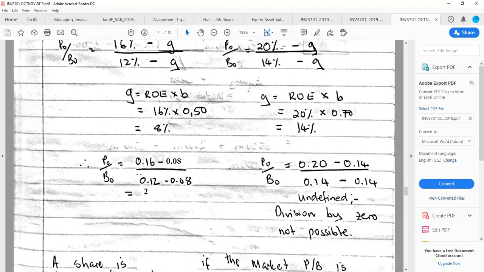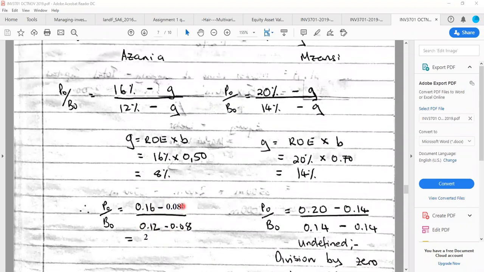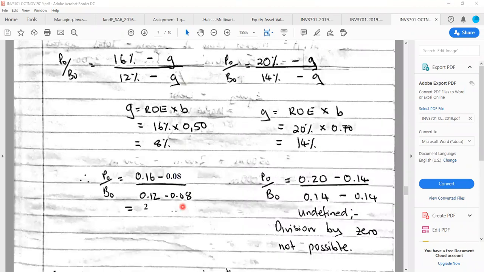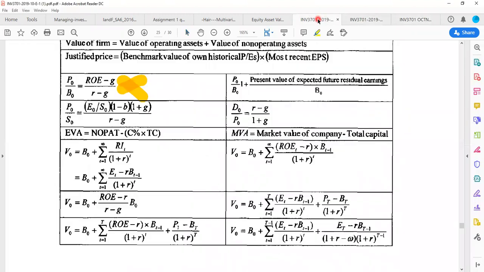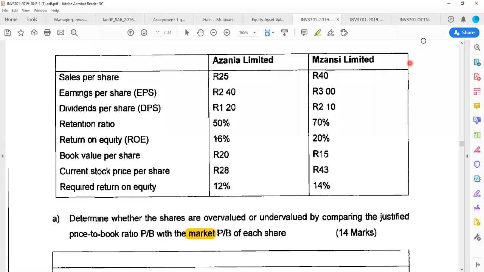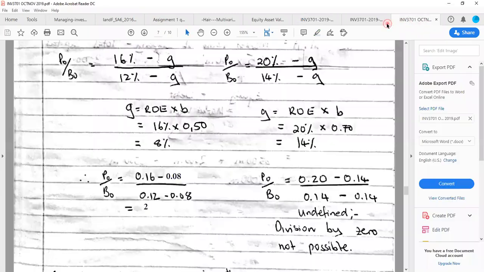Okay, so we say 0.16 minus 0.08 over 0.12 minus 0.08. Remember, 0.12 is the required return, 0.16 is the return on equity, and 8% is the growth rate we will have calculated given the information. So if we do that calculation, we get a justified price to book of 2.